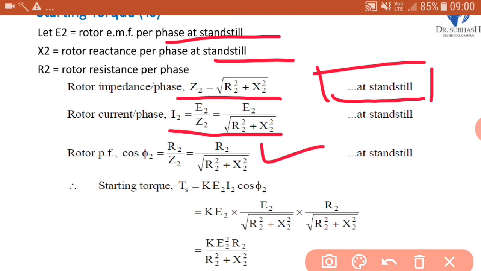All these terms are at standstill. Now starting torque is given by Ts is equal to K into E2 into I2 into cos phi 2. Now put the values of I2 and cos phi 2 from the above equations.